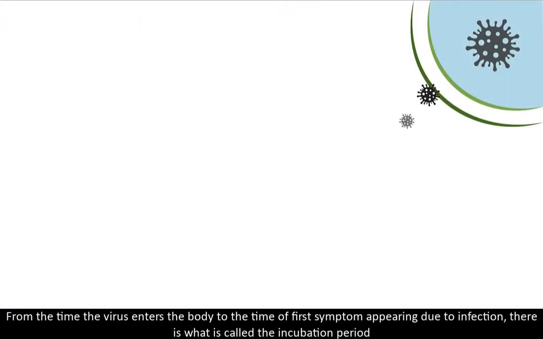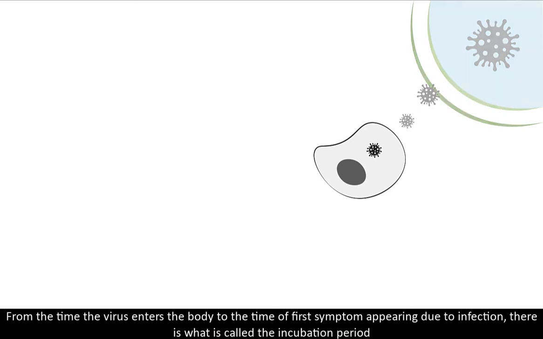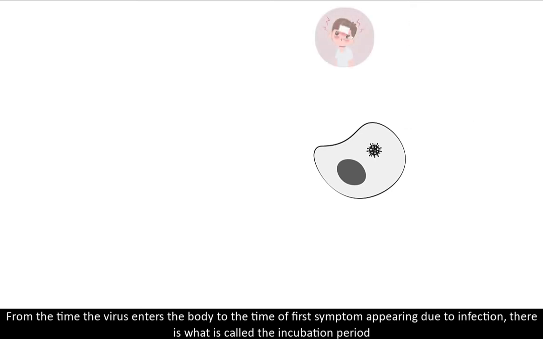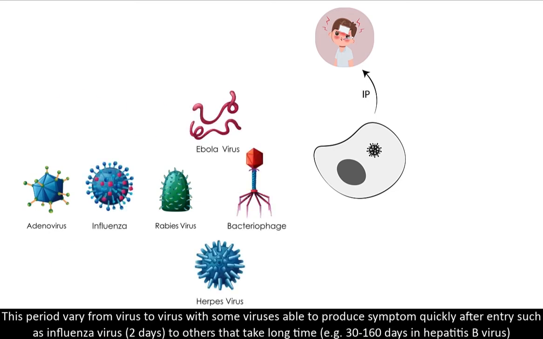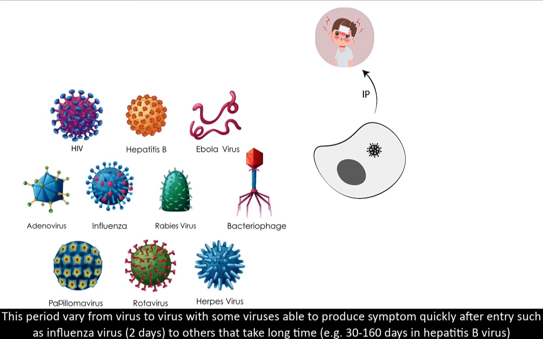From the time the virus enters the body to the time the first symptoms appear due to infection, there is what's called the incubation period. This period varies from virus to virus, with some viruses able to produce symptoms quickly after entry, such as influenza virus, 2 days, while others take a long time.